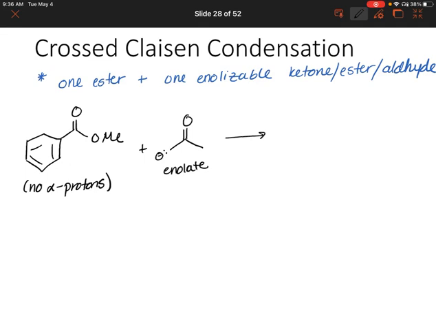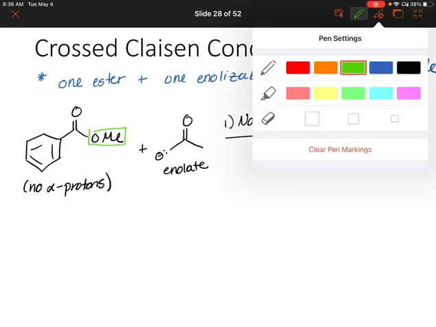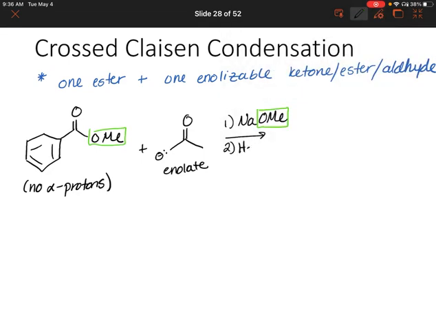So now we're going to use our alkoxide base, which should match our ester leaving group. And then in the last step, we're going to protonate the alpha carbon, because remember, those protons are really acidic, so we want to add that back in at the end.